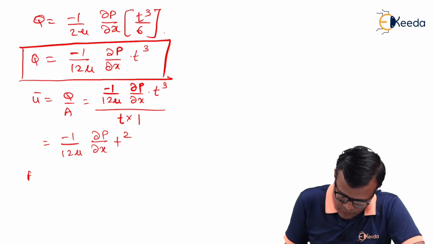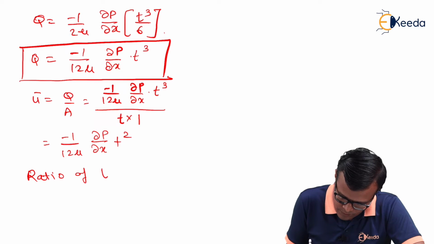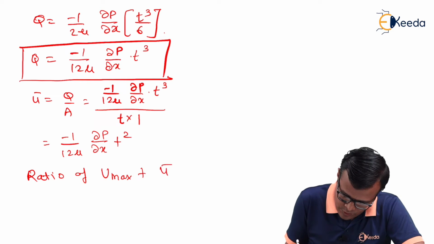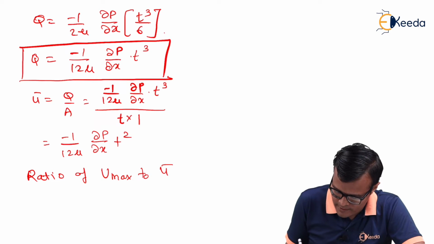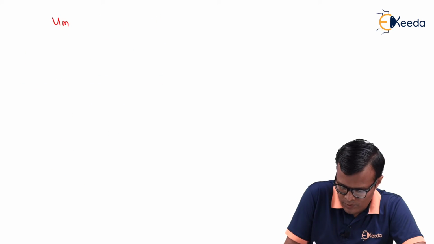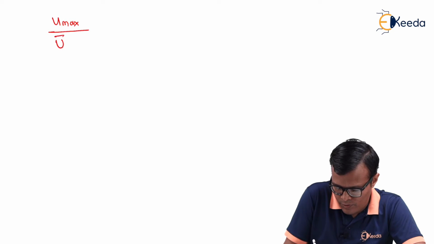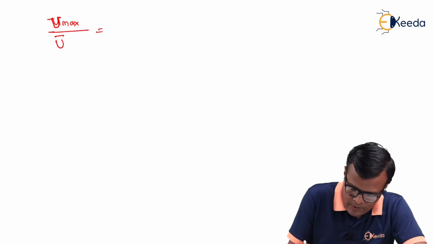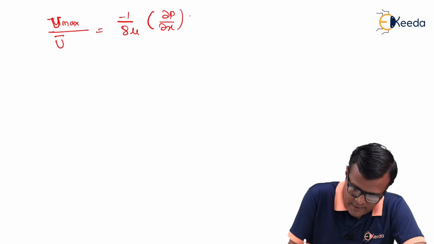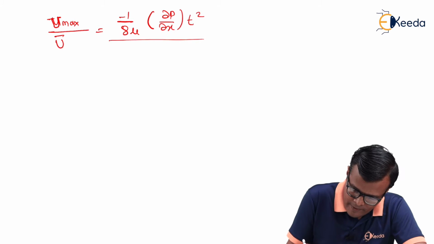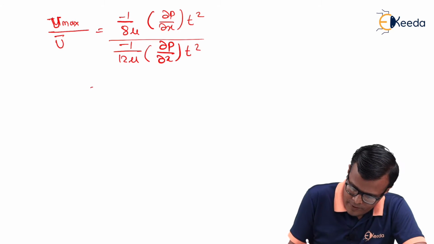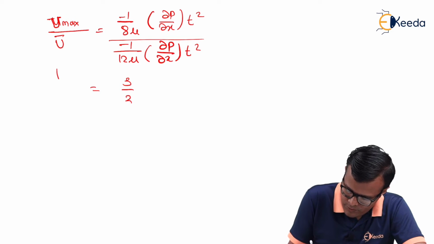So the ratio of u max to u bar, u max upon u bar, is minus 1 upon 8 mu del p by del x into t square divided by minus 1 upon 12 mu del p by del x into t square. It becomes 3 upon 2.